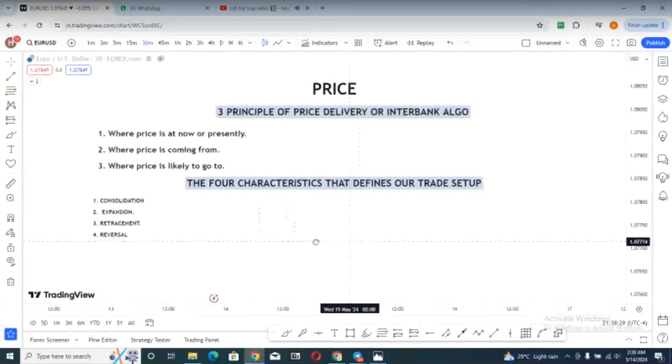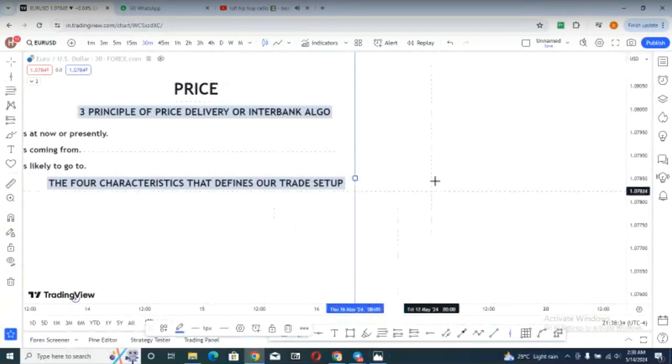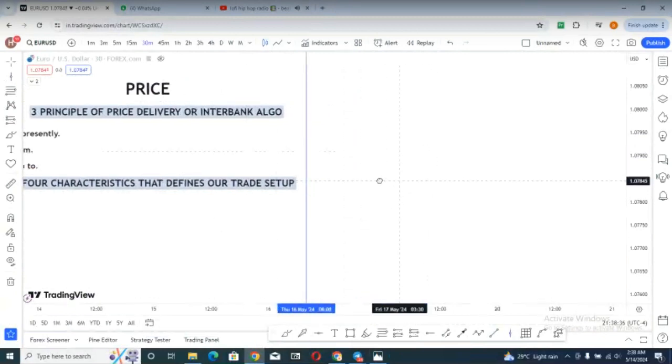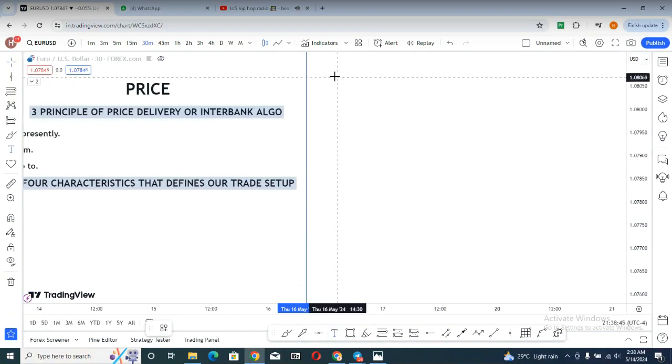Now I'm beginning to understand what to do next. So now we are going to talk about consolidation. The consolidation part is what we're going to be talking about now. That's our first topic for the characteristics to have a trade setup.